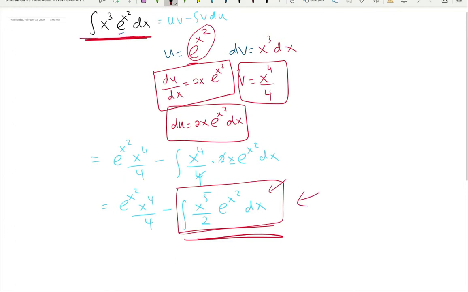Remember, in the previous problems that we discussed, with repetitive integration by parts, the problem got simpler and simpler each time you used integration by parts. Is that the case here? No. Why not? Because here, look at the power. It's x to the 5 here, and x cubed there.